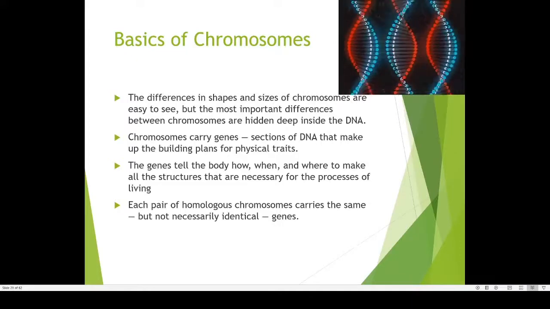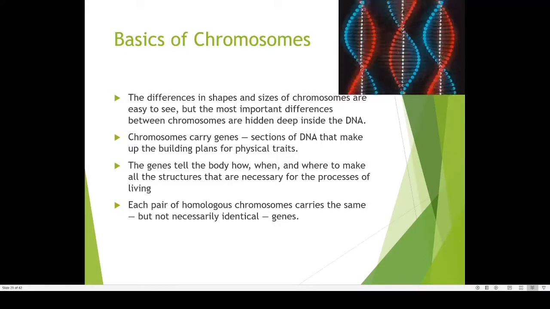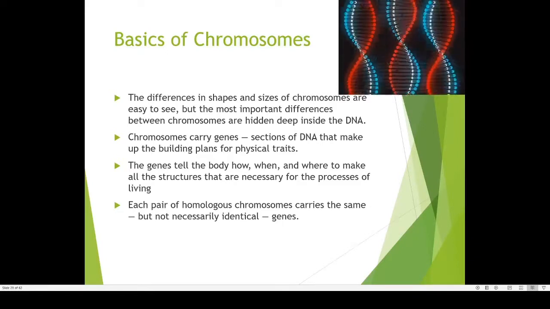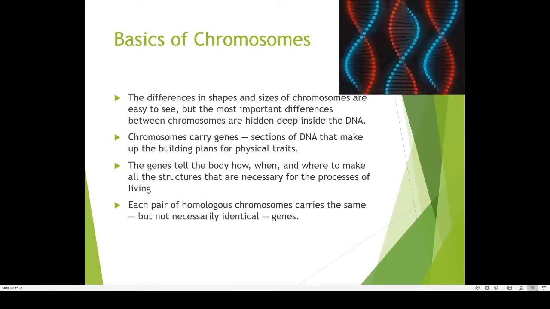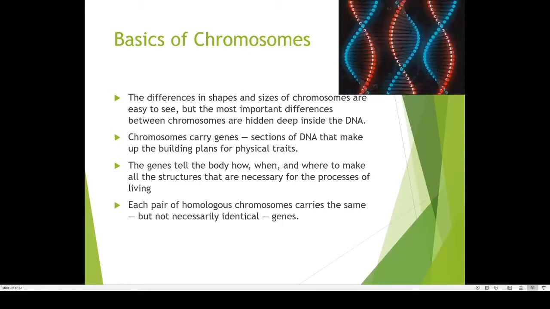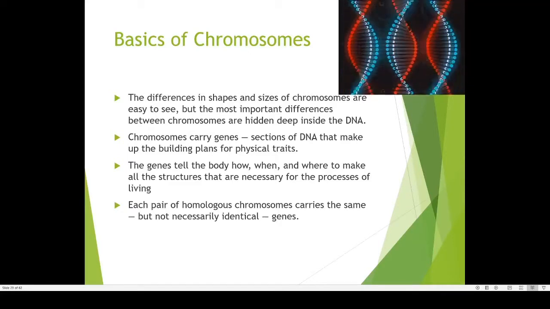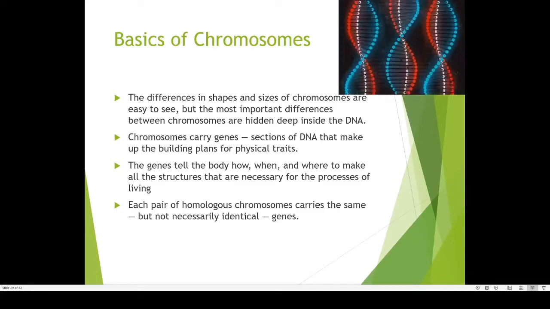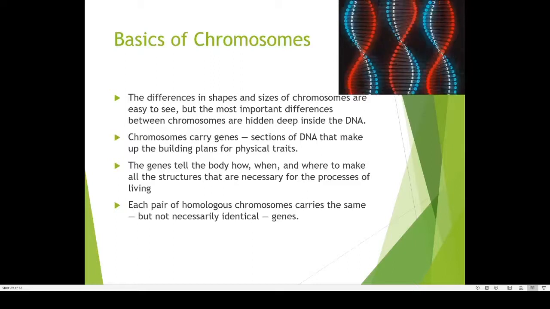So the differences in shapes and sizes of chromosomes are easy to see, but the most important differences between chromosomes are hidden deep inside the DNA. Chromosomes carry genes, or sections of DNA that make up the building plans for physical traits. So how you look.